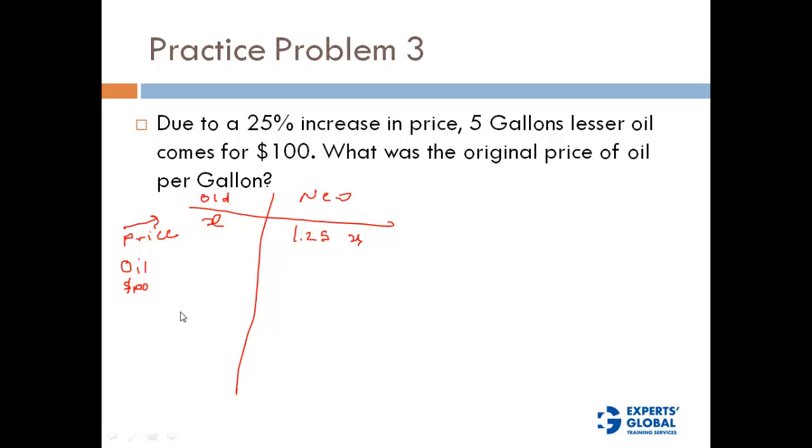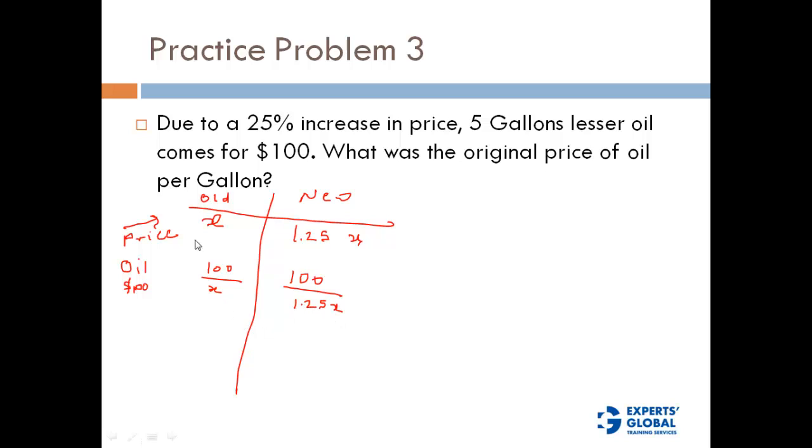Let's say the price is $20. How many gallons can we buy? We can buy 100 by 20 gallons. So basically the formula here is 100 by X. So if the price is X per gallon, in $100 we can buy 100 by X gallons. Correct? Here how much can we buy in $100? Here we can buy 100 divided by the price, which is 1.25x.